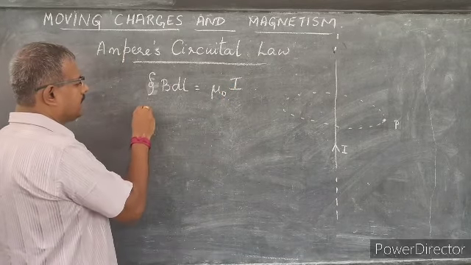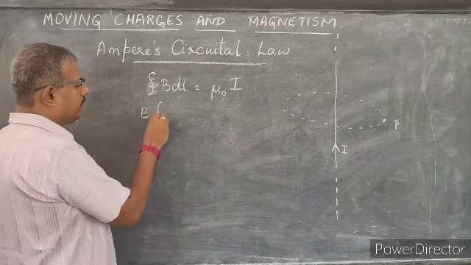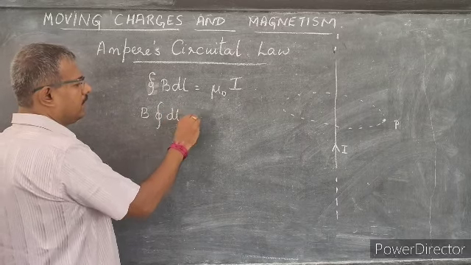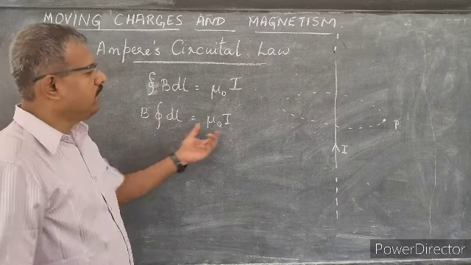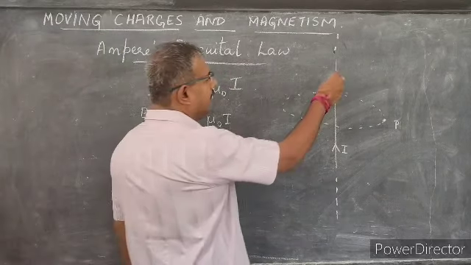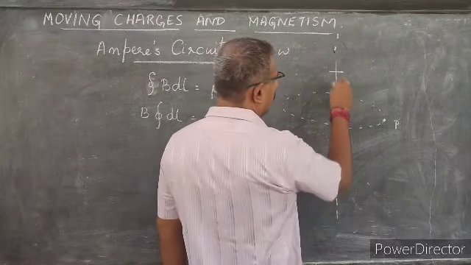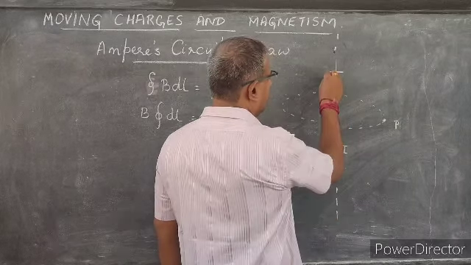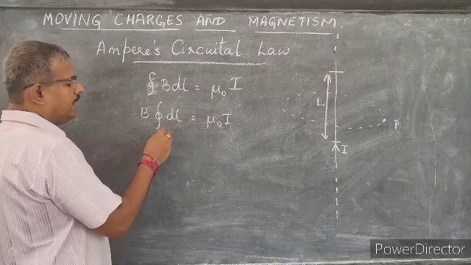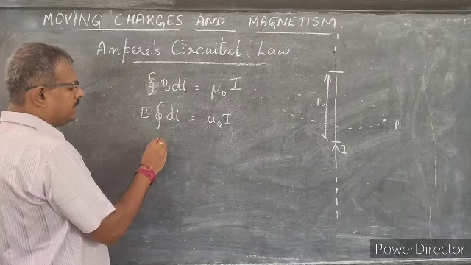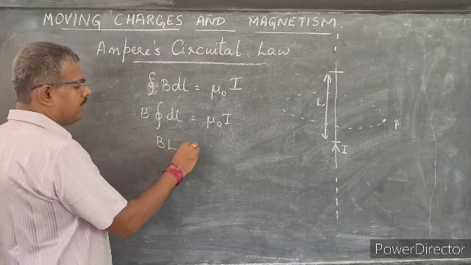Now if I take the left hand side, instead of an infinite length, if I consider a finite length of length L, then the line integral of all the current elements within that reduces to dl.